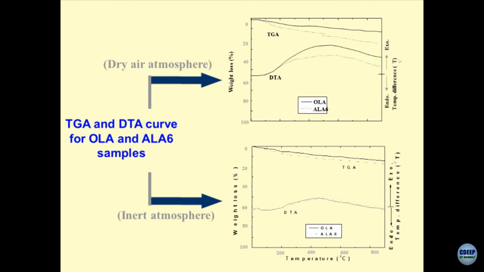Just to remind you, we do this type of testing in dry air and in an inert atmosphere like nitrogen, so that we can compare the results and interpret the presence of different types of volatile materials in the geomaterials. Suppose I want to differentiate between different types of coals, this is a very good method.